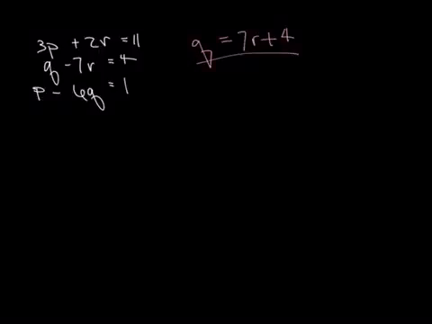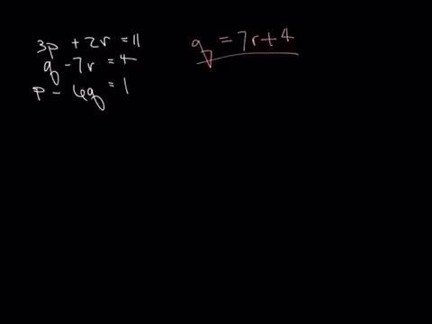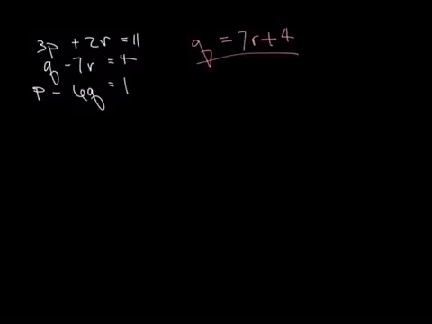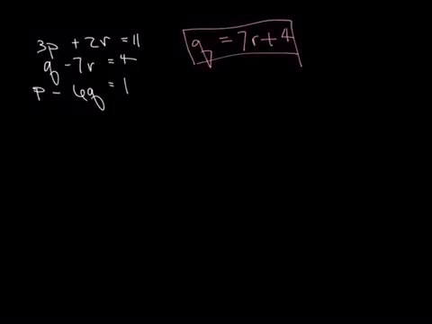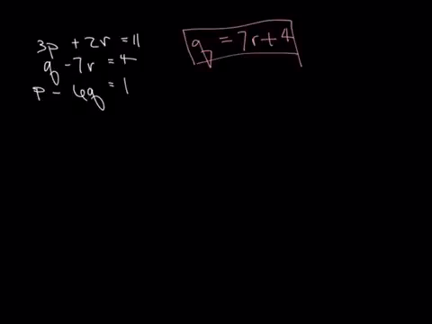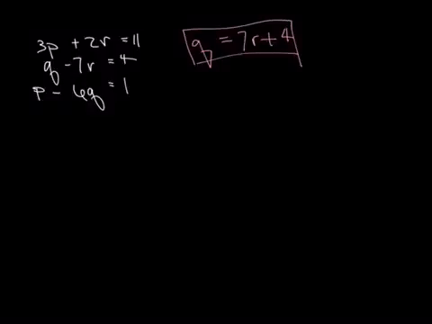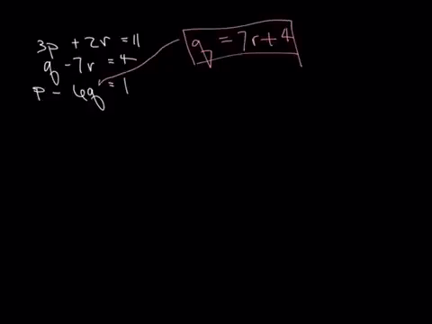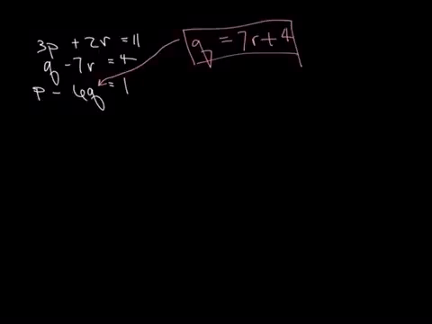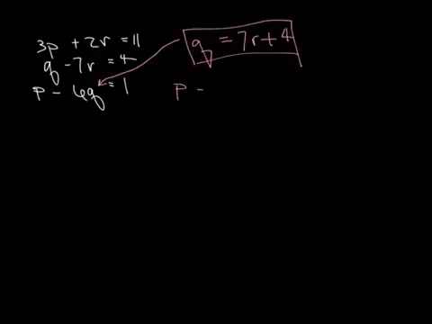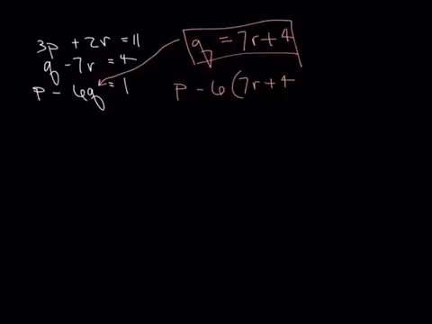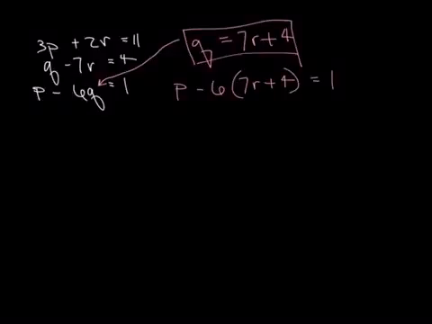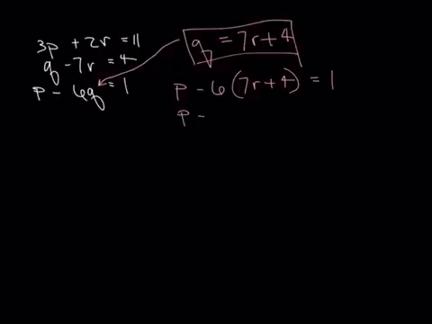Okay, so we're going to substitute. So when we do that, we just take our Q equals 7R plus 4, and we put it in for the other equation that has a Q, which is this one. So that makes it P minus 6 times (7R plus 4) equals 1. And then we distribute.